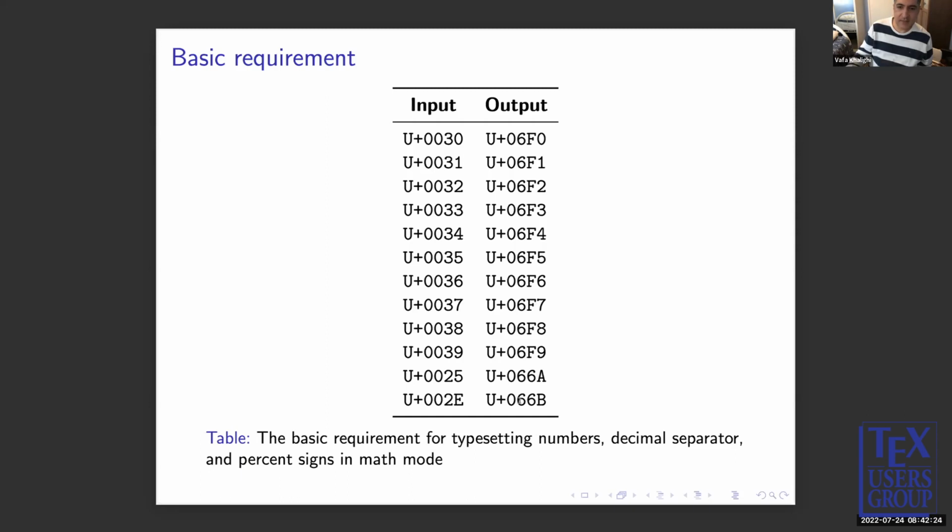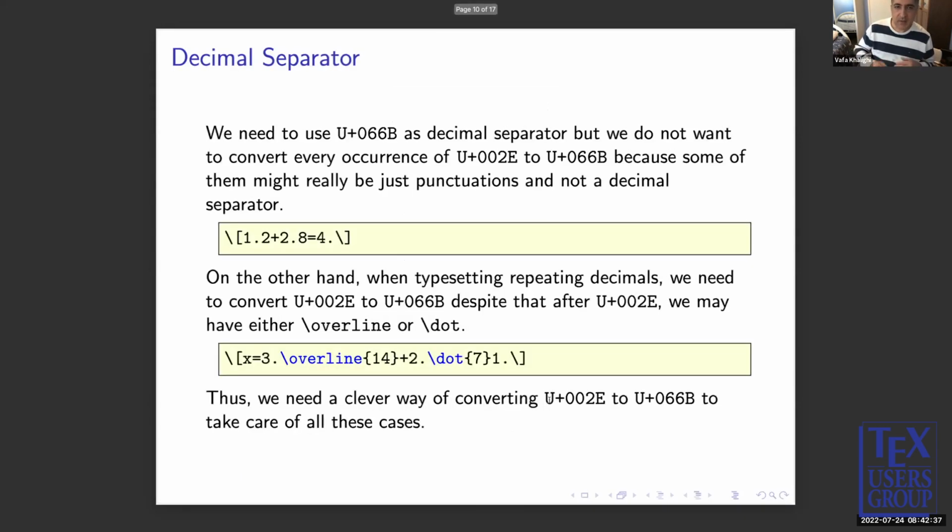We need to convert that to the Persian or Arabic decimal separator, which in Unicode is U+066B. Okay, so what about the decimal separator? As I said on the previous slide, we need to use the Persian or Arabic decimal separator, which is U+066B.